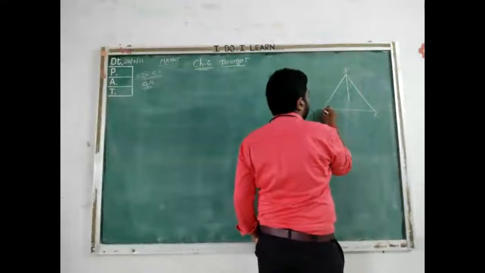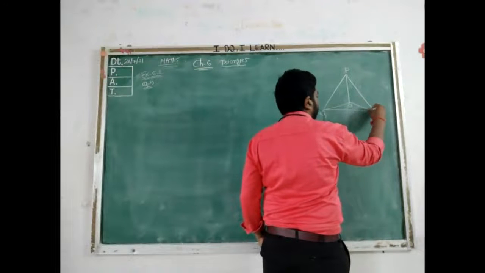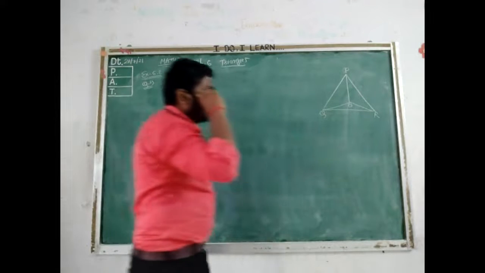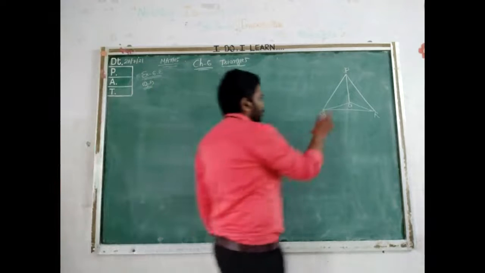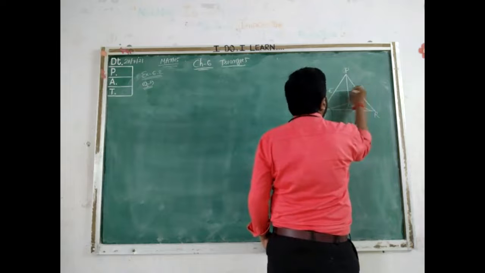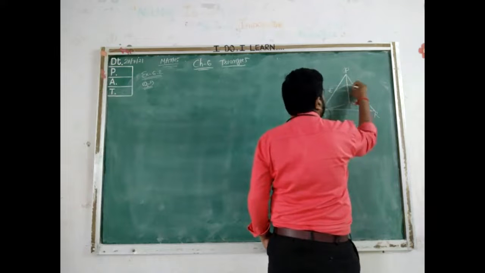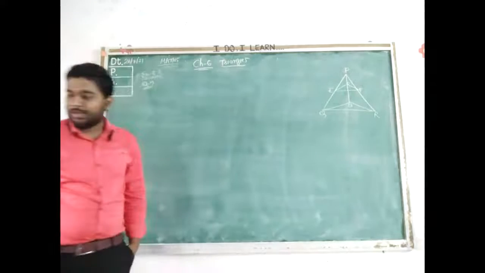This is O, and this is the point O to R. And DEF is also given. Here I'm taking EF, and here I'm taking the points D and F. So this is the figure given to us.